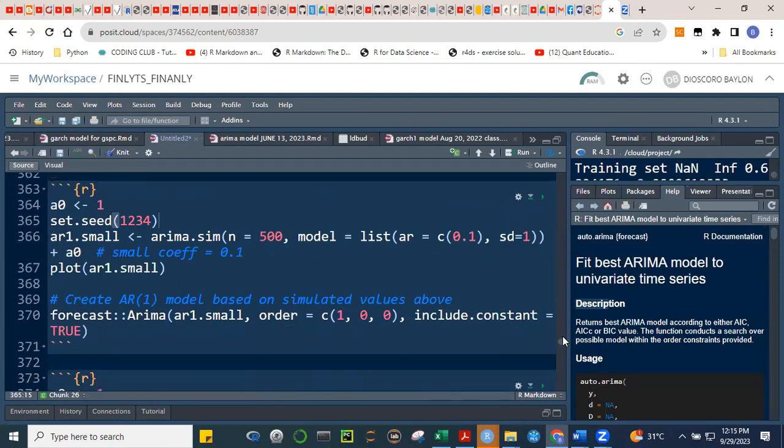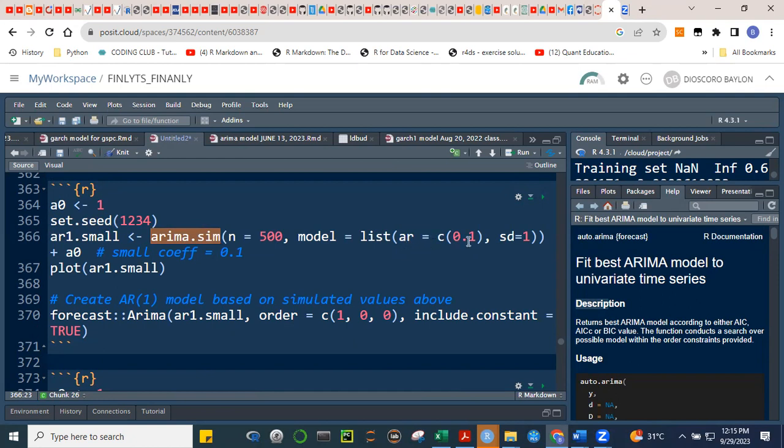So here, we're creating this object, AR1.small. It's small because, class, our phi1 we'll just make 0.1. We're using arima.sim, the ARIMA simulation. Your n is equal to 500, so 500 observations. Model is equal to a list. What do we list? Just AR.